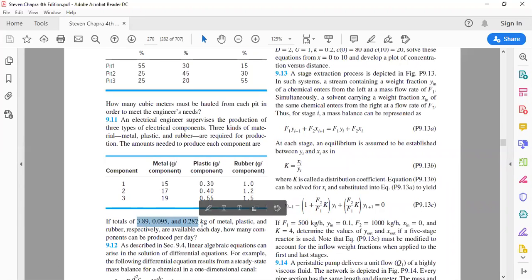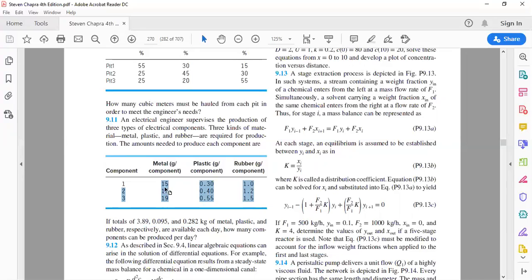I'm telling you that the LU decomposition method is good when your A matrix is constant. Like in this particular question, as an electrical engineer, you want to manufacture these components. To manufacture these components, these are the quantities you need, like it's fixed.